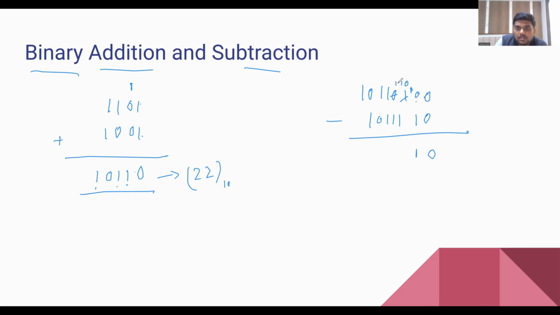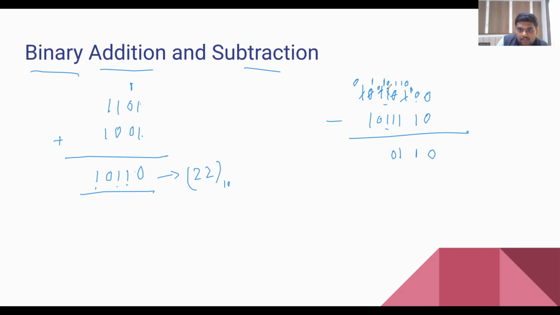This was made 1, so this was also converted into a 0. Here 1 minus 1, we will have a 1, then a 0. And then for this digit minus this digit, you will have to borrow 1 here, so this will be 0, this will be 1 and this will be 0.